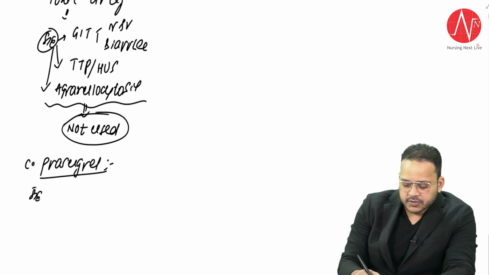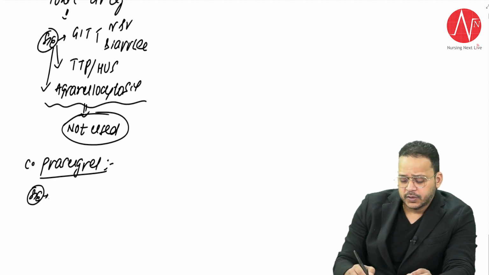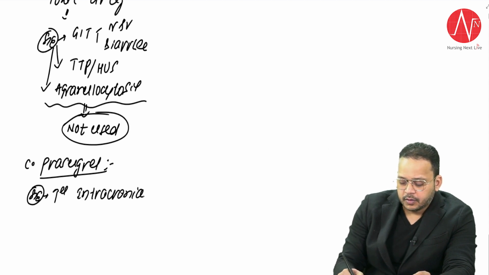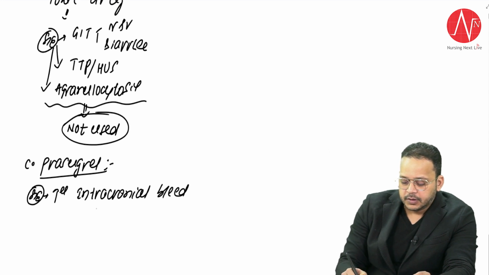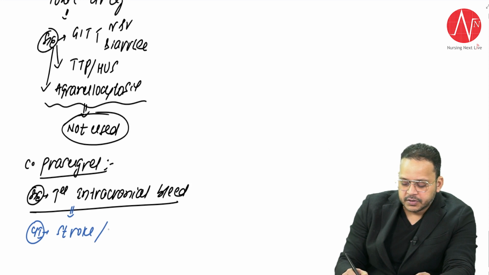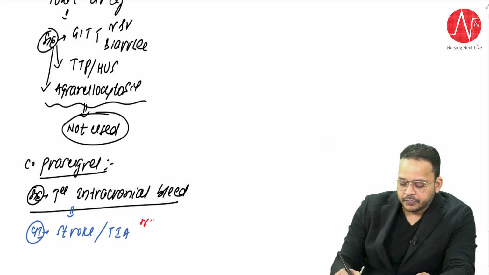See, I'll begin with the side effect of prasugrel. Prasugrel increases risk of intracranial bleed. And that is why you need to remember an important contraindication. It is contraindicated in patients of stroke and transient ischemic attack.